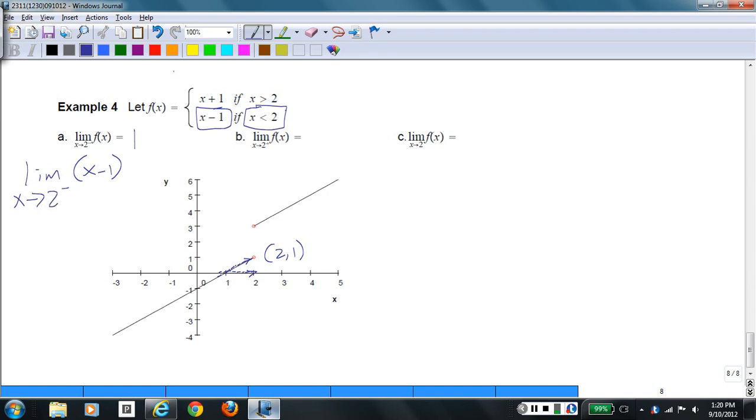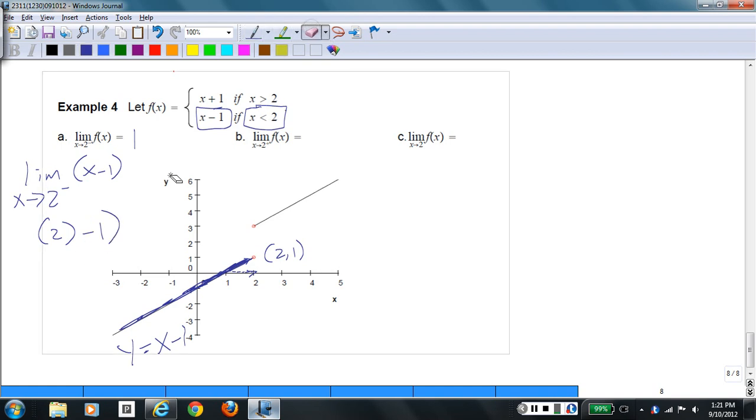Because all along in here, as we're to the left of 2, this is a piece of the line y equals x minus 1. So we can use that algebraic expression to calculate the limit, even though there's more to the function as a whole than that algebraic expression. To the left of 2, that's all we really care about. So we substitute 2 for x, and 2 minus 1 equals 1.